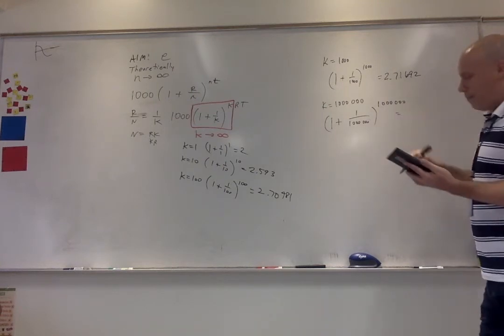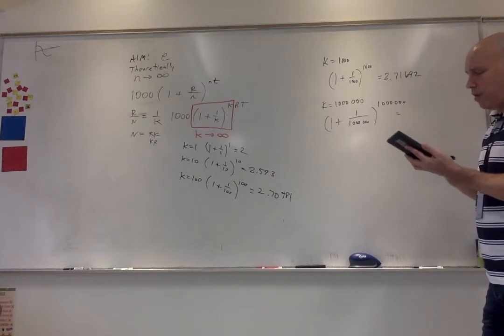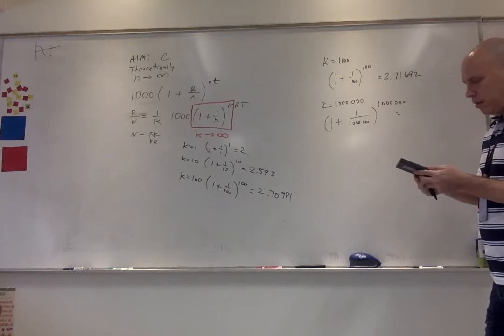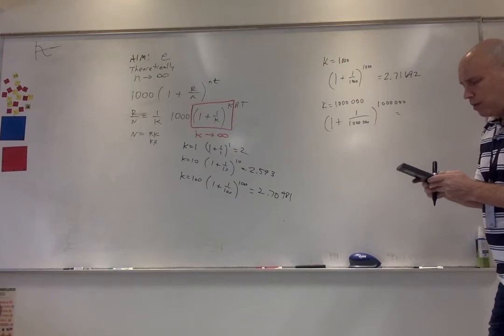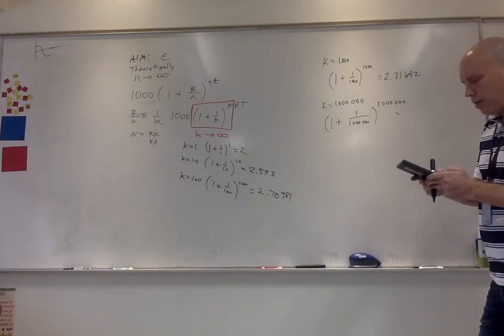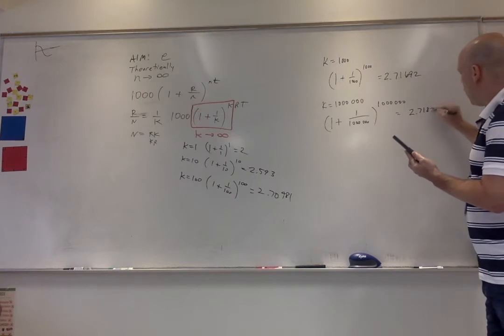What do we got? Let's see. We got 1 plus 1 divided by 1,000,000, enter, and then raise that to the millionth. 2.71828.